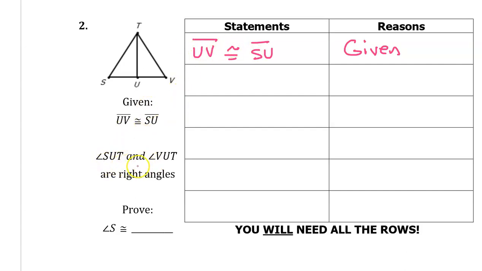The next given is not a congruent statement. We're going to write it down, but you should already be thinking about how we can turn this into a congruence statement. But first, let's write down angle SUT and angle VUT are right angles.